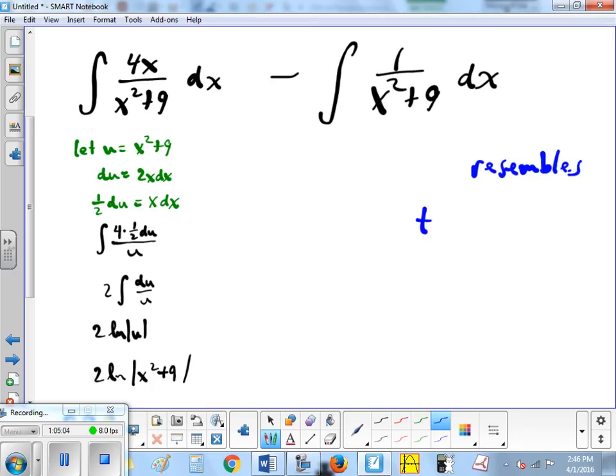Remember that the antiderivative of 1 over 1 plus x squared is arctan. You might remember that one. This has that feel. It definitely has that feel. So we're going to manipulate this and make this work for us.